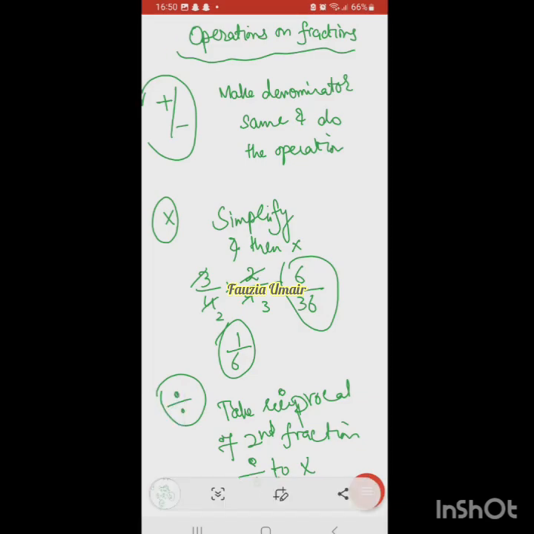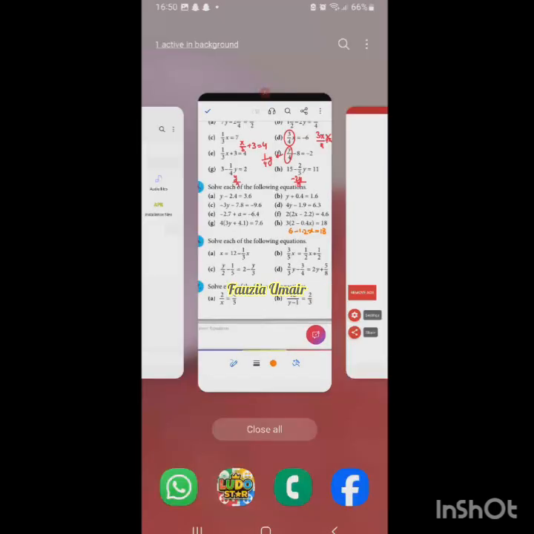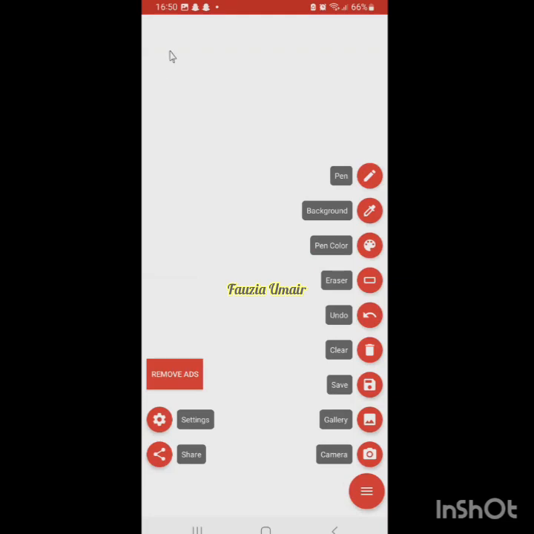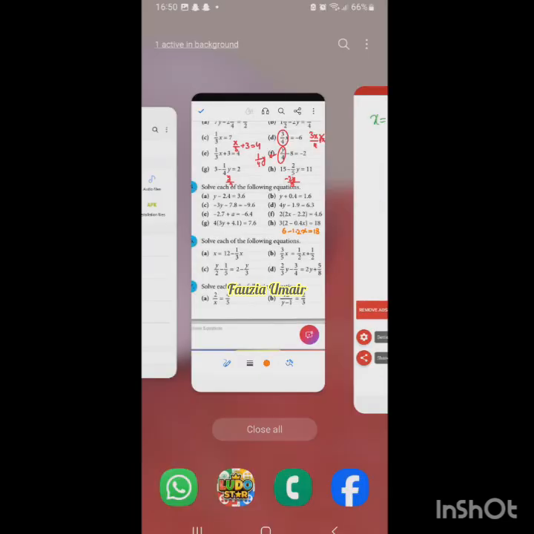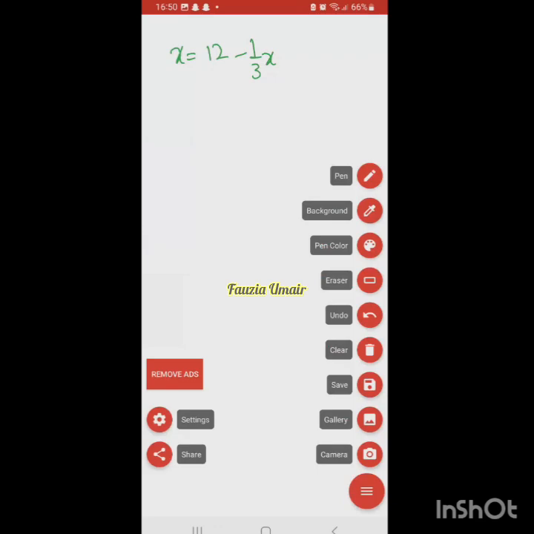Now we can write down the question, because there are fractions in the questions and we need to solve those fractions. The first question is x is equal to 12 minus 1 by 3x. So what to do? First, how many terms are there?